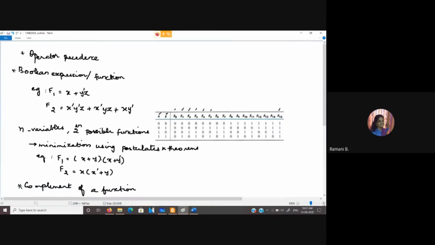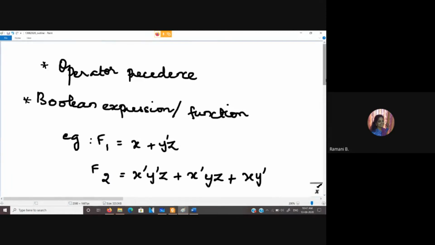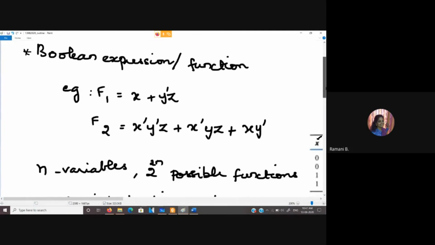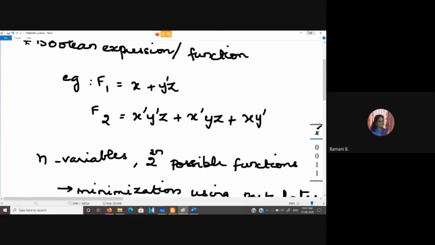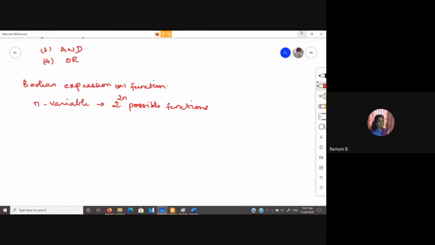Now let us see how you could minimize an expression using Boolean algebra, or before that we shall see one more thing. Let us consider the example f1 is equal to x plus y bar z.